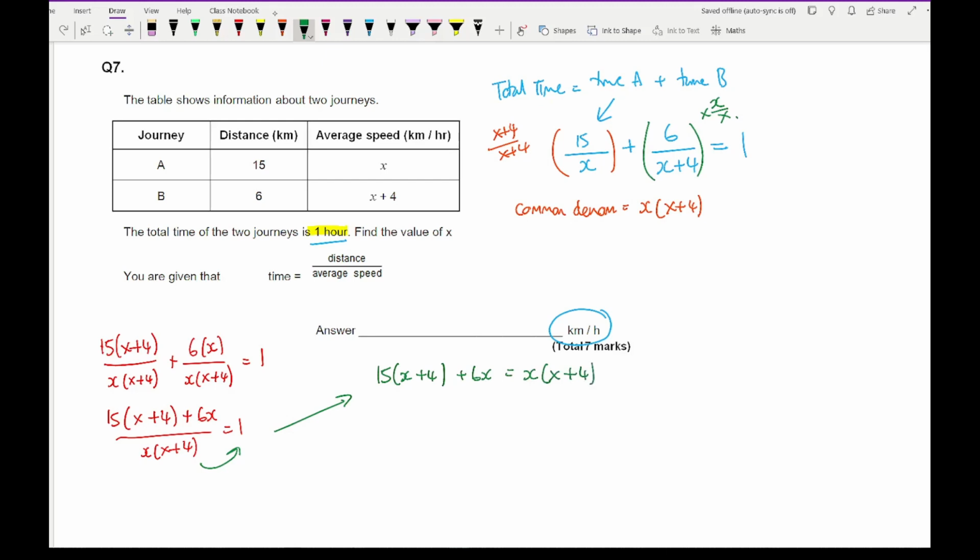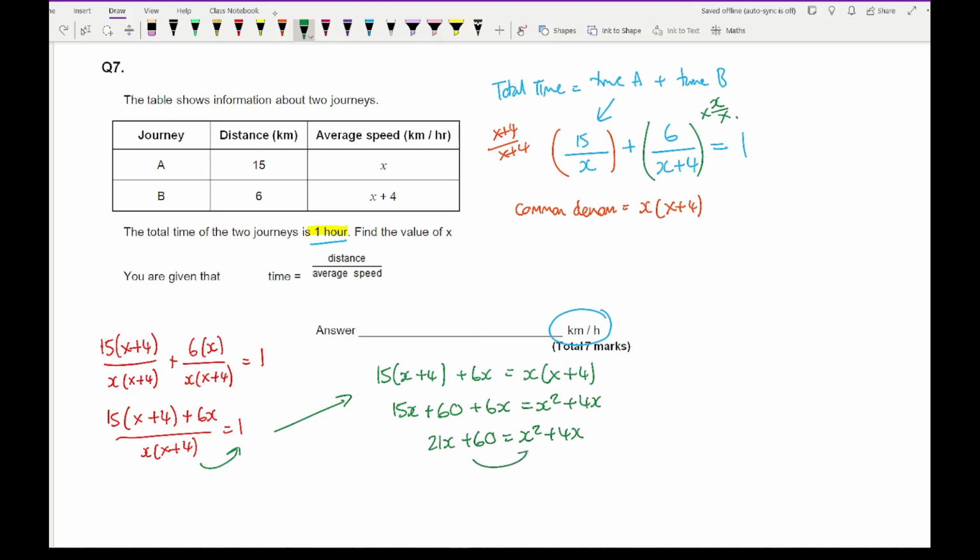Now obviously the 1s disappear because you're just multiplying by 1. Now expanding the left hand side, I end up with 15x plus 60 plus 6x equals x squared plus 4x. So you can see how now it's slowly starting to turn into a quadratic equation. So this then becomes 21x plus 60 equals x squared plus 4x.